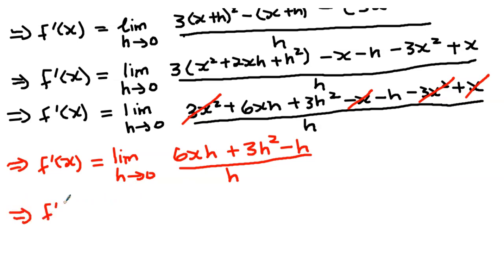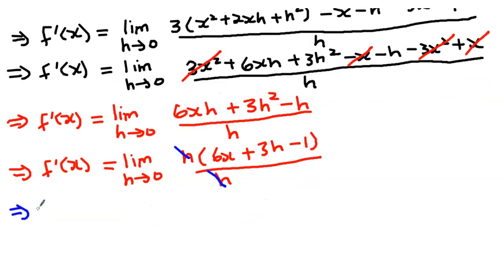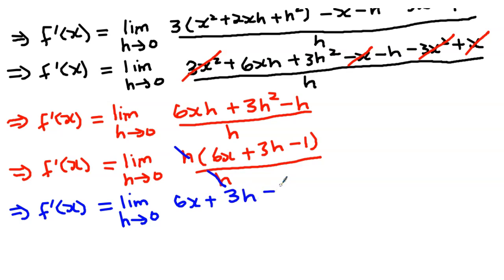We have h out, 6x plus 3h minus 1, all over h, and this h and that h go away, which implies that the derivative of x is equal to the limit as h tends to 0 of 6x plus 3h minus 1, but h is approaching 0.